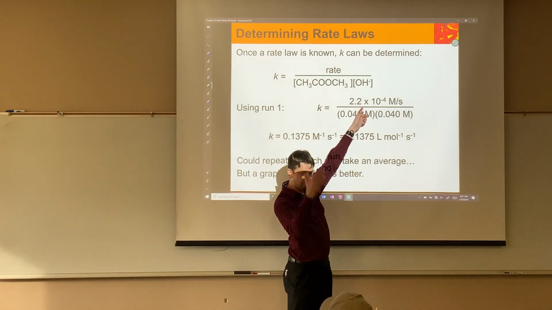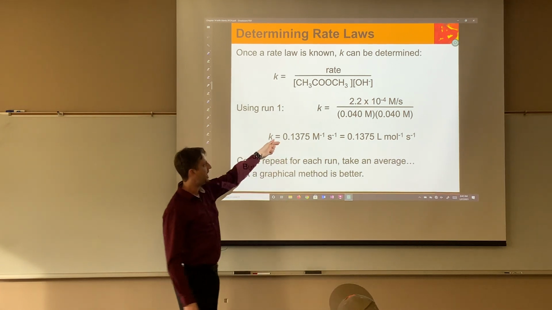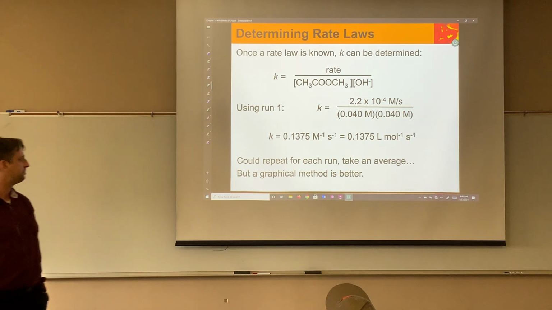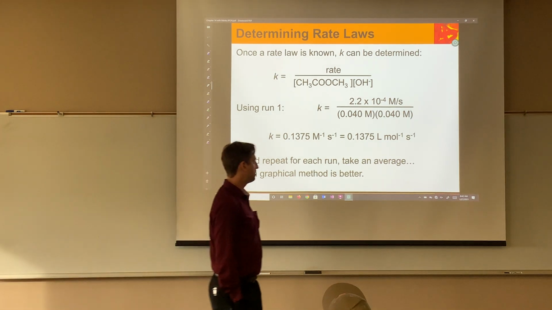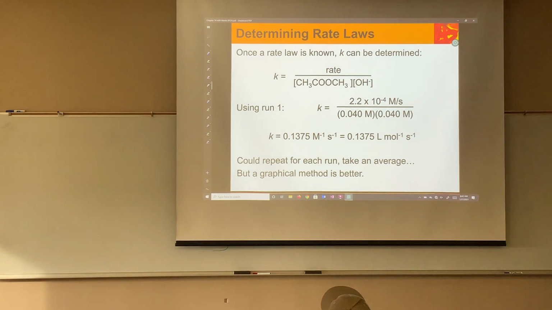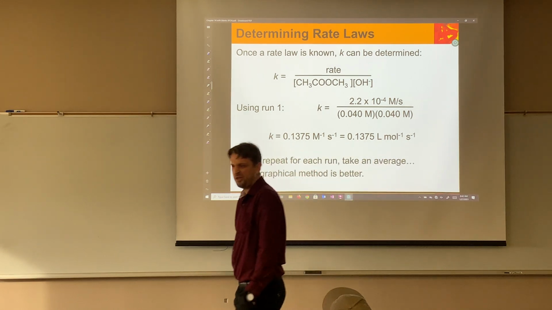So we have the data from that chart, and we can just plug in the two concentrations and back out what our value of K is. And that is the constant for that particular line. Good? That's not too bad, right?